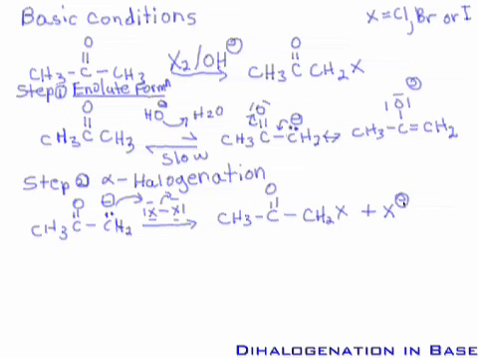Now we can pose the same question we asked last time. When you form the product, what's the likelihood that it will undergo a second attack by halogen? That will do the same process. Base will come in, deprotonate this guy. So let's do that again. A new step 1B, if you like. A second step 1.